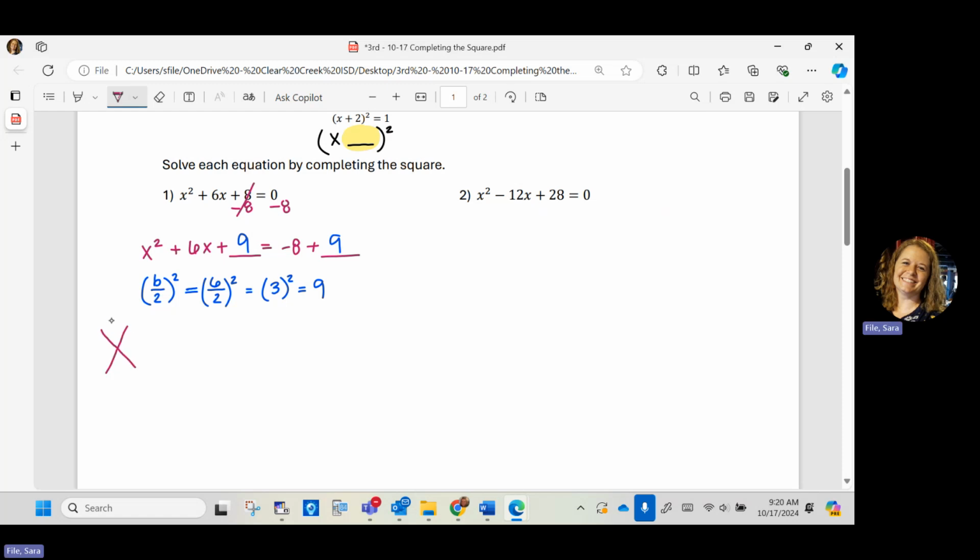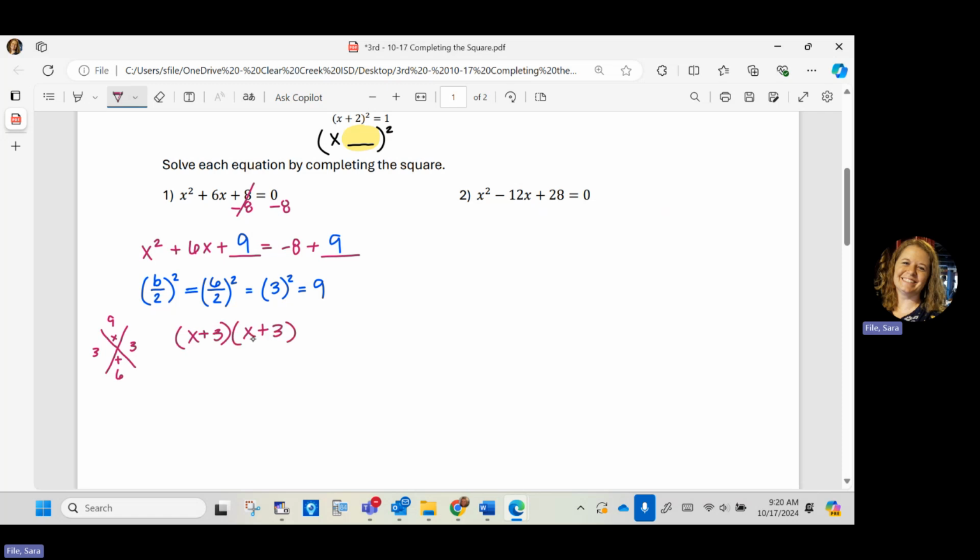You put the a times c on top, so that would be 9, and the b on bottom. What two numbers multiply to 9 but add to 6? 3. They end up being the same number, positive 3, positive 3. That's why when you factor it, it comes out the same, x plus 3, x plus 3.